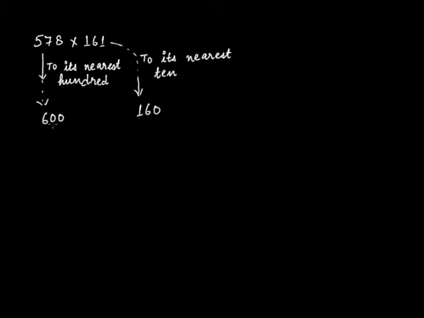Now 600 times 160, you have 2 zeros here, you have 1 zero here, so 1, 2 and 3 zeros. Now you're left with 6 times 16. It's very easy, right? If you multiply 6 by 16, you'll get 96. So in this case, the estimation will come to 96,000.